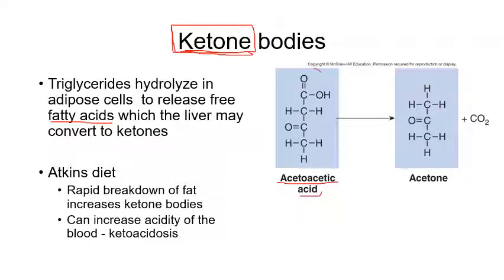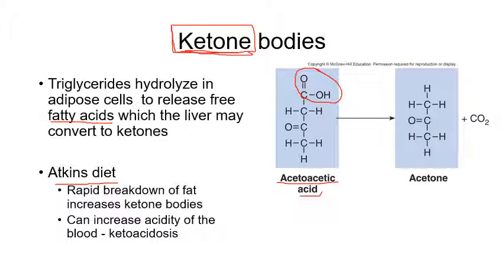Again, why is it an acid? It has a carboxyl functional group on it. But this is one of the ketones. Your body will break down fat, and so on your Atkins diet or your ketogenic diet, you get rapid breakdown of fat. So what do you think will happen to your blood pH in this case?